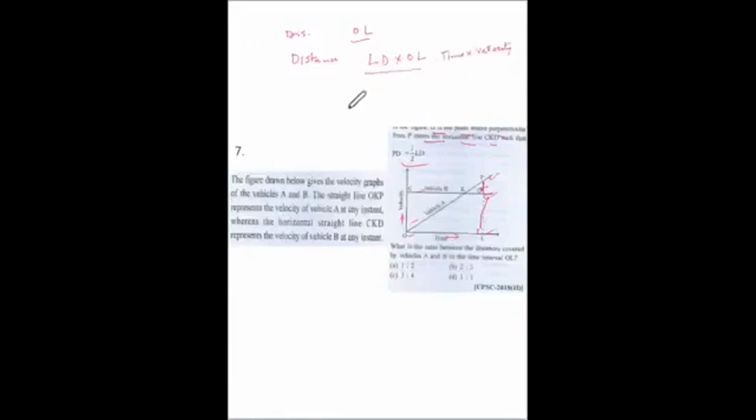In the second case, area under the curve will be half into OL into PL, because it is a right angle triangle. PL is PD plus DL, and PD is given in the question as half of LD or DL. So half of DL, LD both are same thing, so PL is 3 by 2 DL.